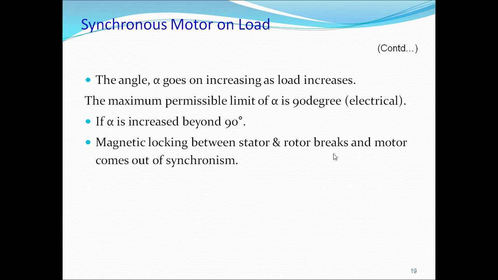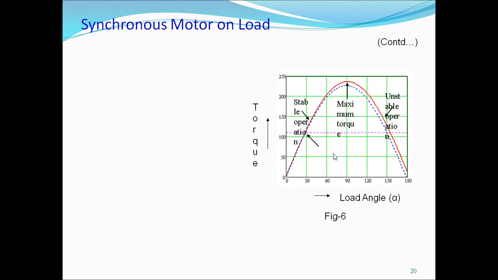When it breaks, automatically the motor stops. The synchronous motor is not going to rotate at all. So this shows that either the synchronous motor runs at synchronous speed or it will stop.